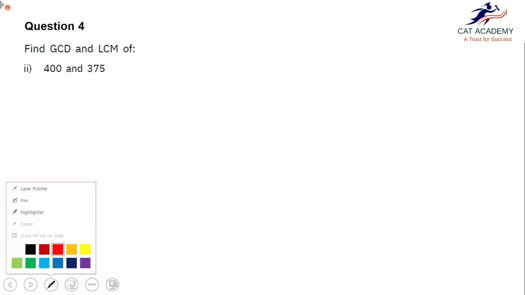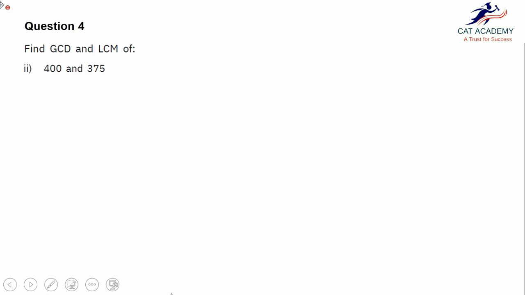Chalo, how about this? GCD and LCM of 400 and 375. 25 is GCD, correct? So what I can do is, by observation, I can see that 25 should be my GCD. If I divide both the numbers by 25, my leftovers are 16 and 15, right?